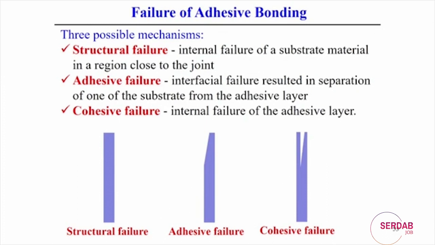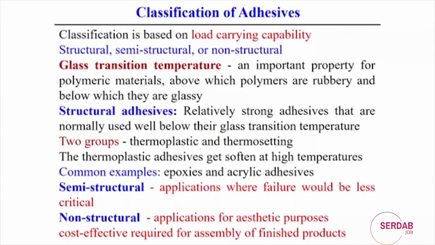Cohesive failure: if the internal failure occurs in the adhesive layer, the failure is completely within the adhesive volume itself, and that is called cohesive failure. So, these are the three different types of failure modes we observe in adhesive bonding. Now, classification of the adhesives: what are the different types of adhesives that can be used?